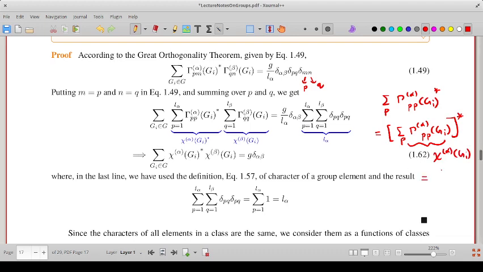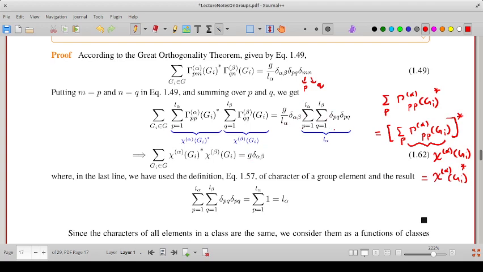So this will be equal to the complex conjugate of this character, which I may write as chi alpha Gi star. So that's what we have over here. So the result on the left hand side is that the sum over Gi of chi alpha Gi star times chi beta Gi is equal to whatever is on the right hand side.